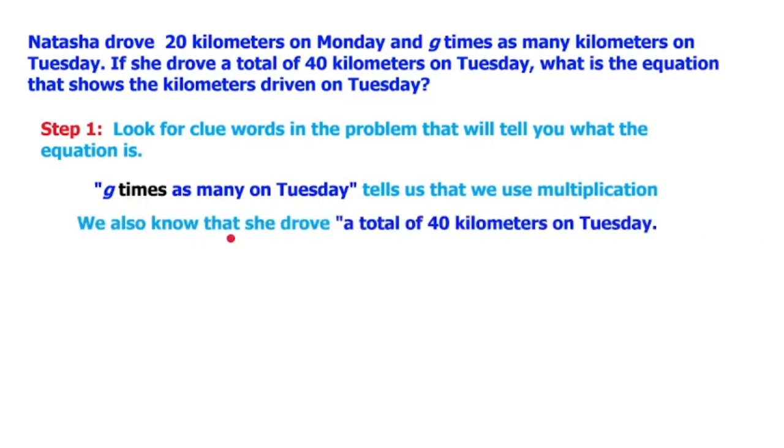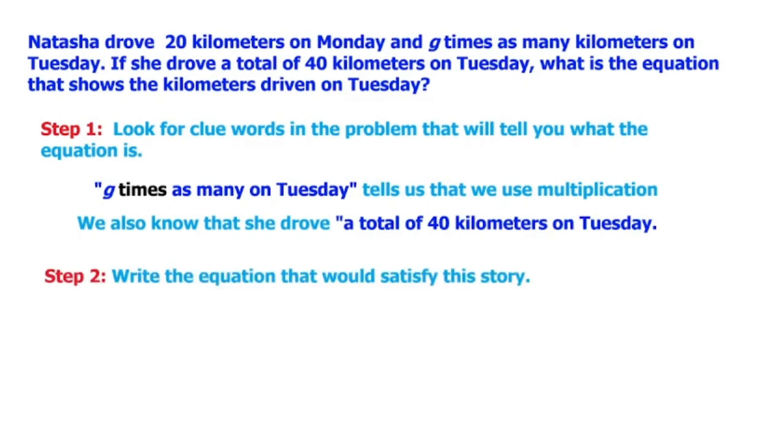We also know that she drove a total of 40 kilometers on Tuesday. So write the equation that would satisfy this story. So we know that 20 times G equals 40.